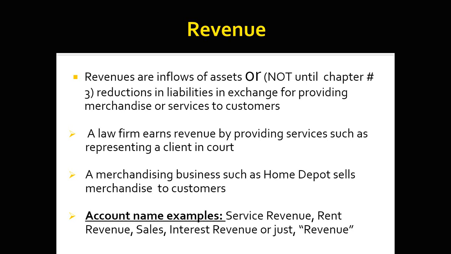They would earn revenue by completing bookkeeping services. They would earn revenue by consulting, so providing advice to a client. Same thing for a law firm. They would earn revenue by providing services, such as representing a client in court. That would be revenue to that law firm.